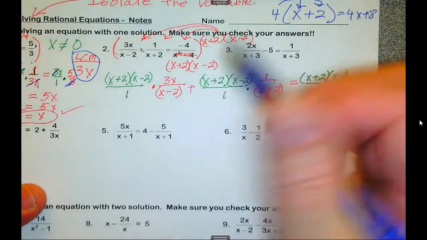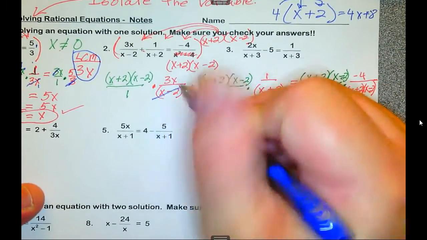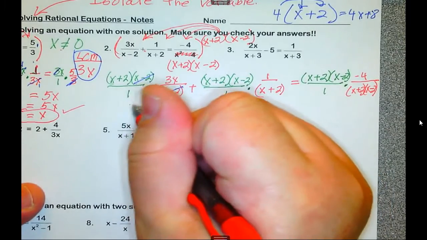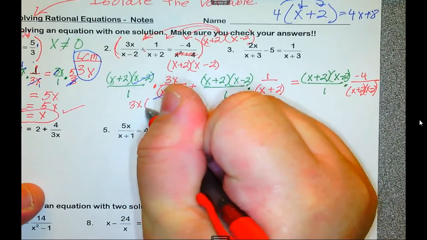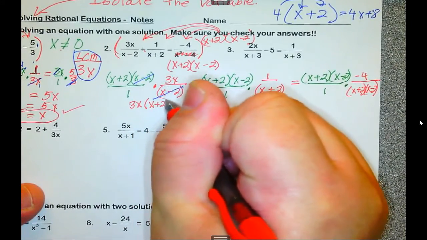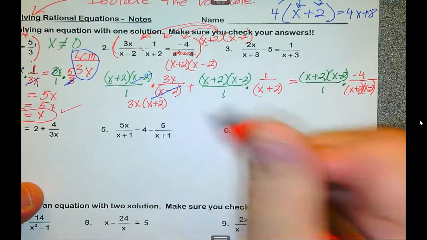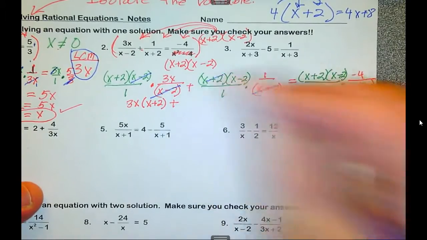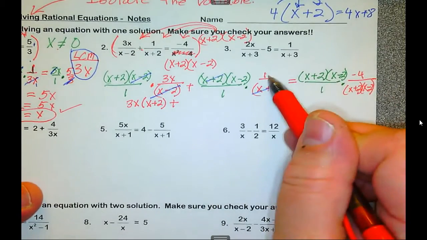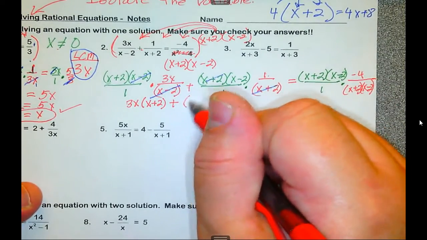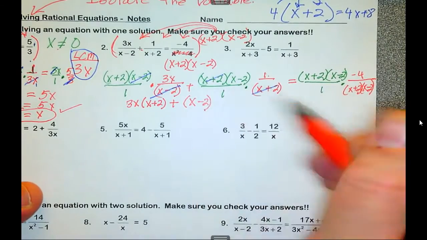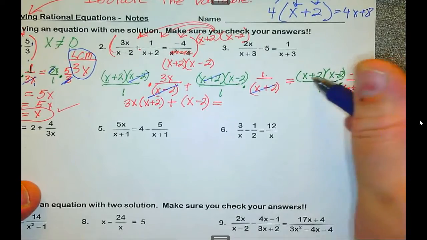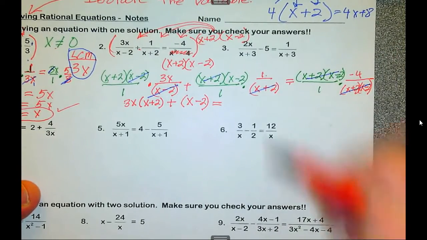All right, let's cross out the x minus 2. So I have 3x times x plus 2, plus, this time the x plus 2's cancel out. x minus 2 times 1 is just x minus 2, equals, all of these cancel out, so I just have negative 4.